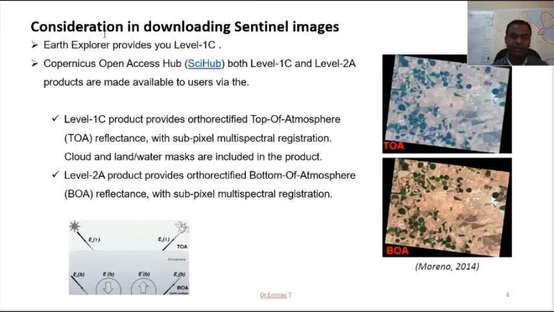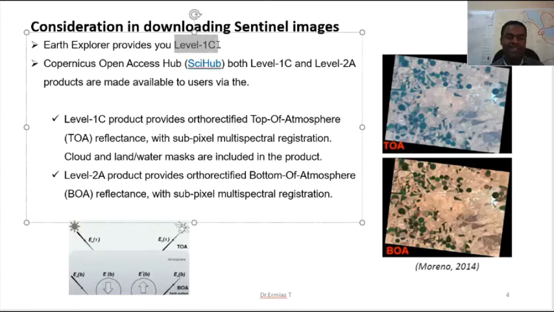When you download Sentinel imageries, you need to consider the following issue. In the Sentinel dataset option, you have two types. In Earth Explorer, you can only get level 1C Sentinel data, while in Science Hub or in Copernicus Open Access Hub, you can get both level 1C and level 2A product.